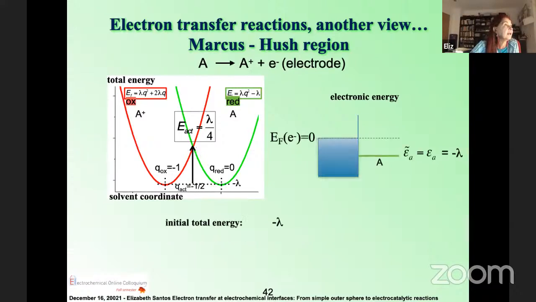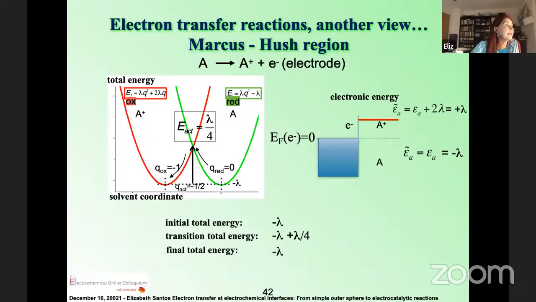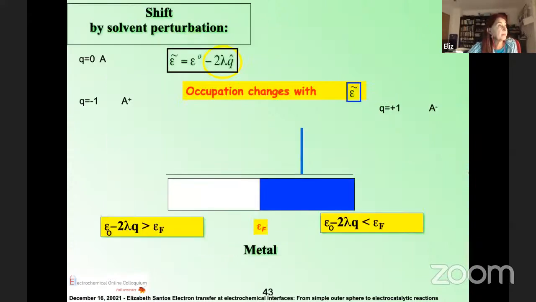And in the end, when we go to the final state, we come again to minus lambda in the equilibrium. This difference to lambda, actually, this is the electronic energy, and this is the total energy taking into account the effect of the solvent.